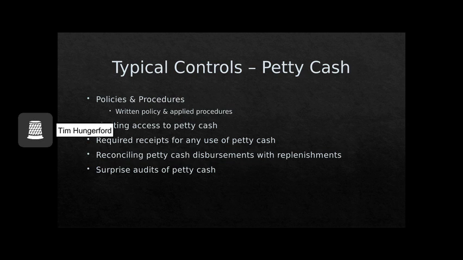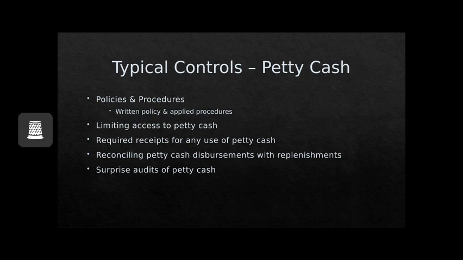When it comes to typical controls for petty cash, you want to make sure that you have a written policy and you're applying those procedures on how it's both replenished and how it exits out to individuals who are using it. So you want to limit access to that petty cash, whether it's in a locked box in someone's desk, or it's in a vault or some sort of storage that makes it very difficult for others to have access to it.